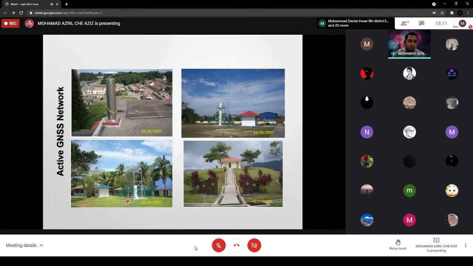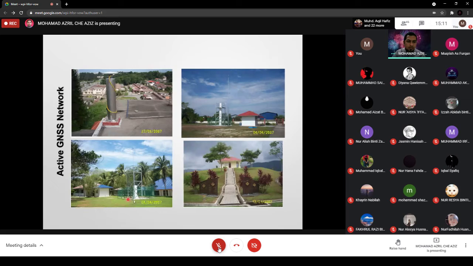I think all of you know where the location of this monument is. Are you familiar with this picture? No, sir.